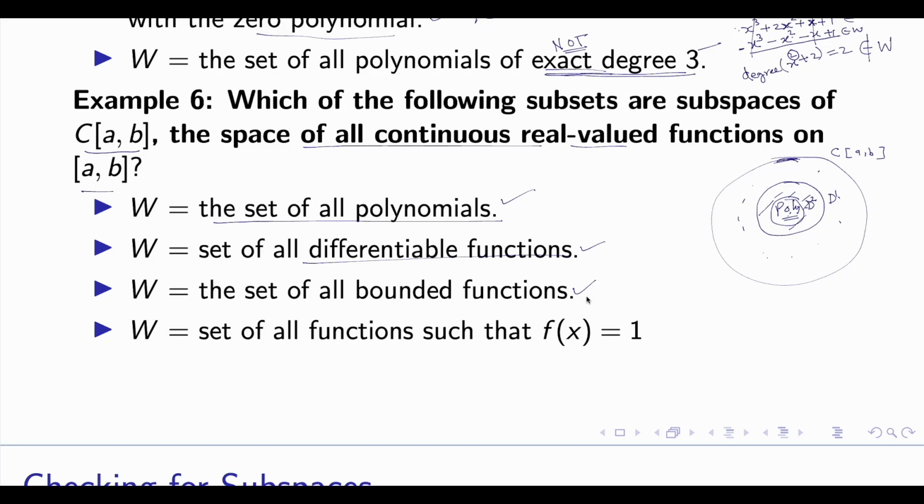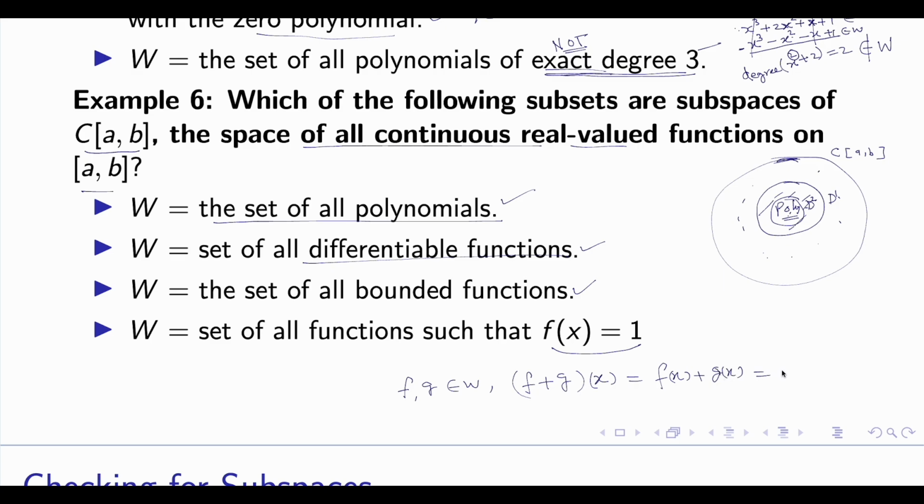Set of all bounded functions, and the set of all functions such that f(x) is equal to 1. This will make your life easier. What is happening here? If I say f and g are two functions belonging to W, then what about (f+g)(x)? What happened? f(x) plus g(x) due to linearity.